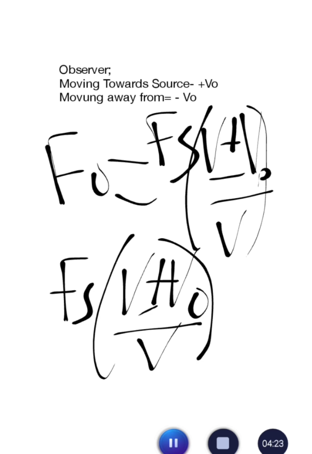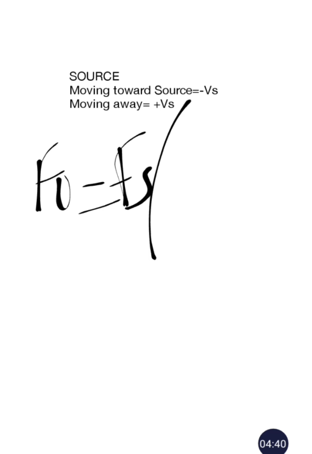When it is in terms of the source, we are going to use this formula: the observed frequency is equal to fs, and on top there is just going to be v. It's the opposite. When it was the observer, on top was where there was plus or minus.